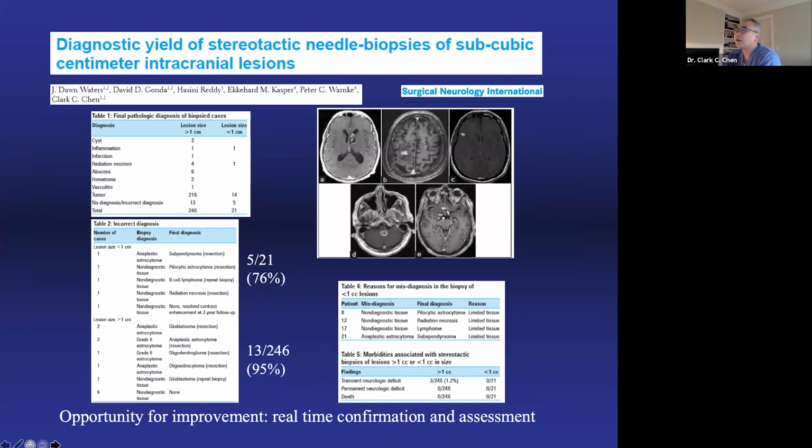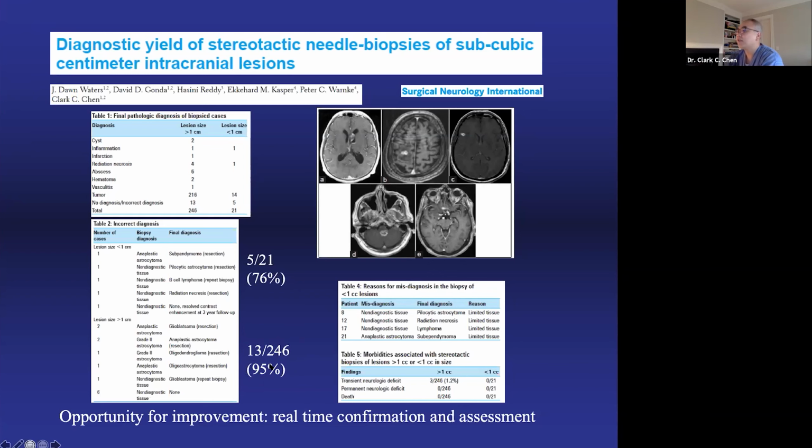Here's a study that I did looking at nearly 300 biopsies where we had both the initial biopsy results from the stereotactic needle biopsy and subsequently had a surgical resection. What we found was that the diagnostic yield is indeed really good for lesions that have a diameter of at least 1 centimeter.